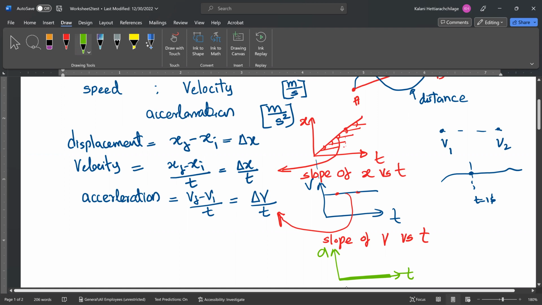So that's how they are connected to each other, backward or forward. Forward we call the derivative, backward we call the integration. Since we are not using derivatives or integration, we take the conceptual way, which is basically taking the slope of the graphs.